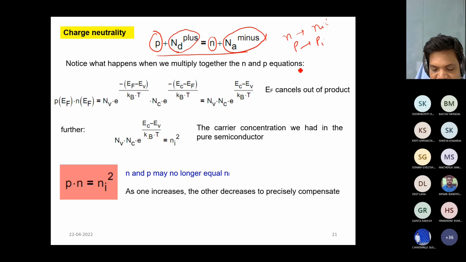So far, I told you that the addition of donor atoms in a semiconductor will donate electrons, which means it will increase the number of electrons. So will that affect the number of intrinsically generated holes or not? Let us try to understand that.